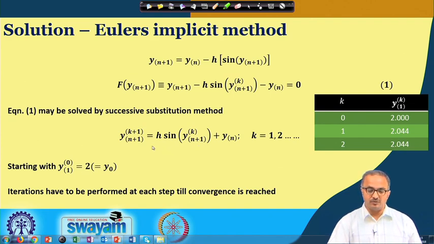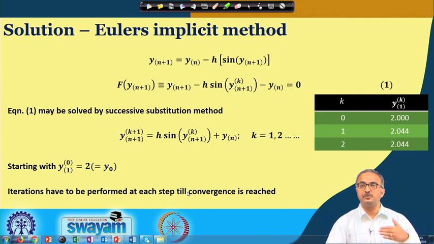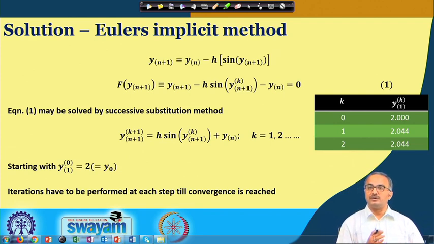If you choose this particular thing, starting with this initial value, we have to find this iteratively, and at each step you have to do iteration to converge. So, whenever you want to trace the transient phase of the particular function variation, by this method you have to keep on iterating at every step to get the solution.